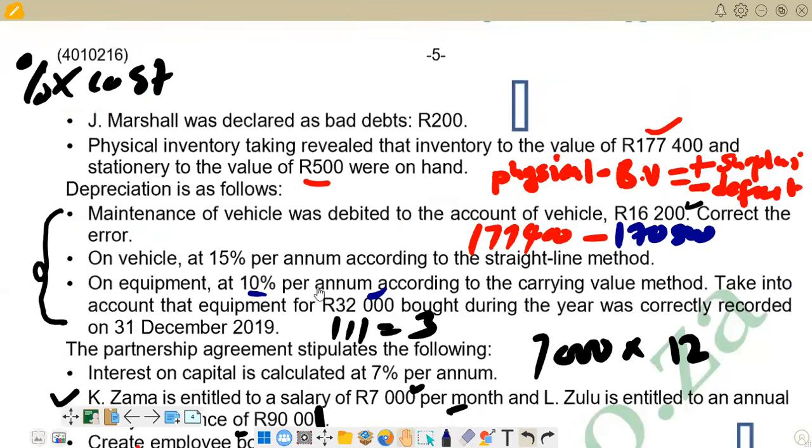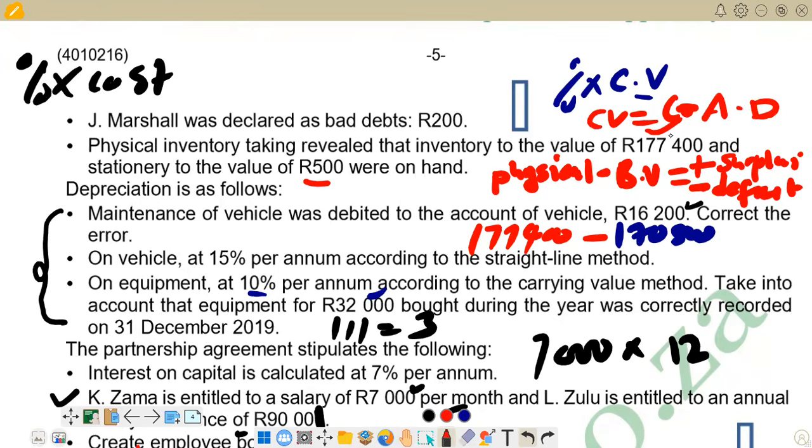It's mentioned here that it's using the carrying value method, and the formula for the carrying value method is percentage times the carrying value. We get the carrying value by saying the carrying value is equal to cost minus the accumulated depreciation. So we have to calculate the carrying value first, then you say the percentage times that one. So this one is different from the straight line method.